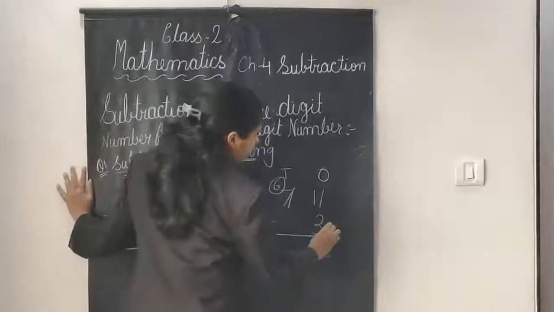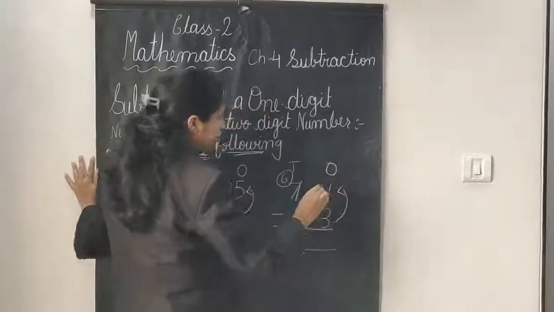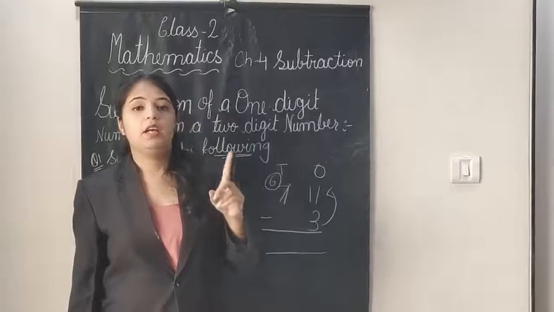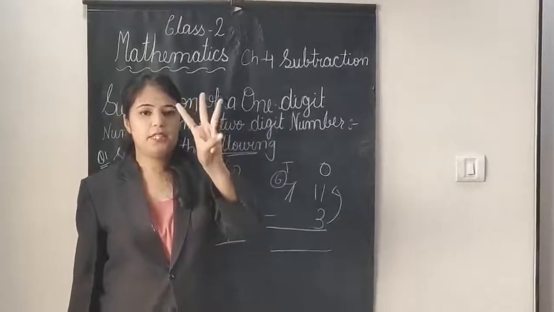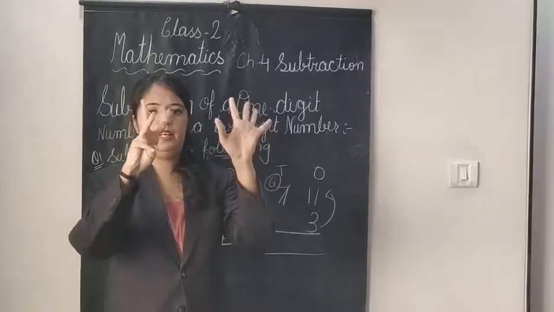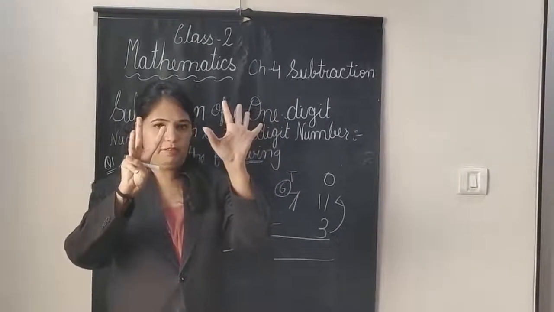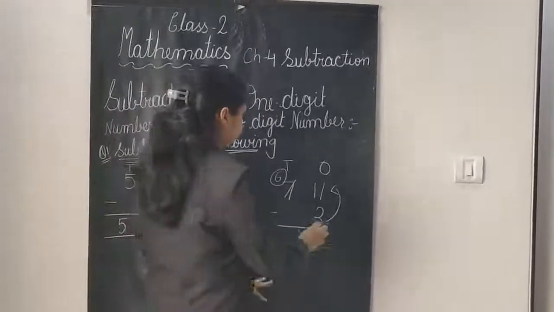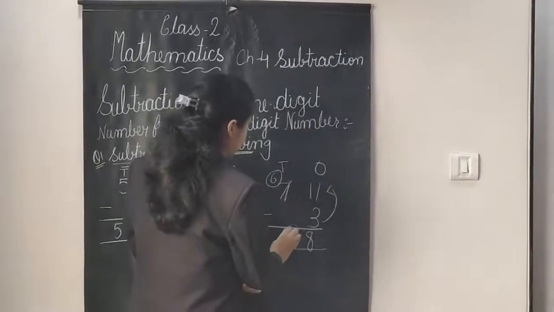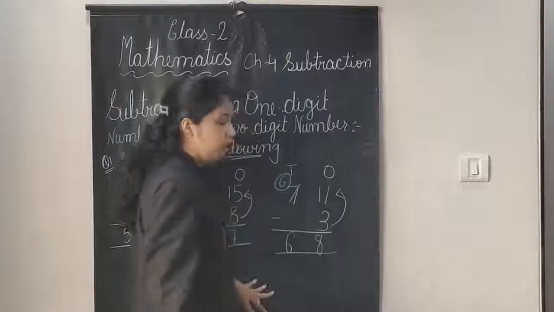Now after 3 till 11: 4, 5, 6, 7, 8, 9, 10, 11. 8 on my fingers. So I will write 8 here and 6 I will bring as it is down.